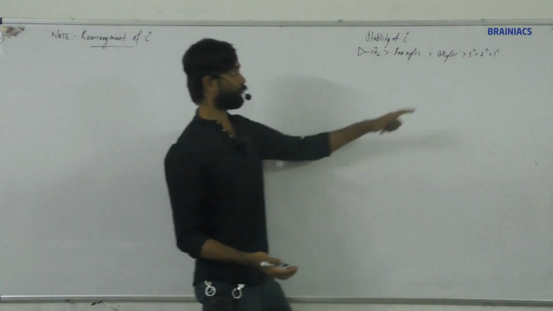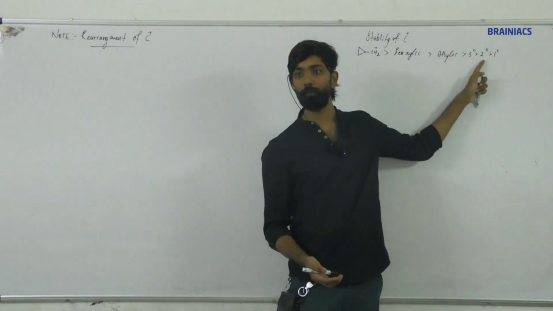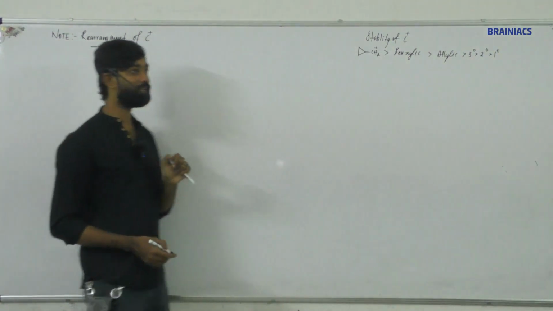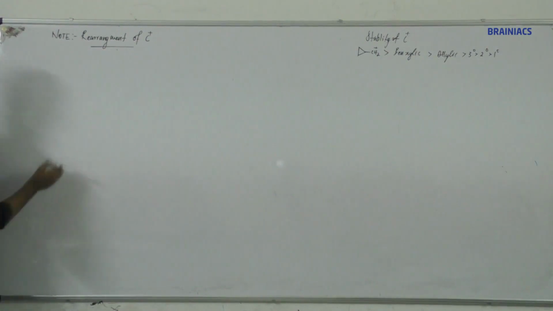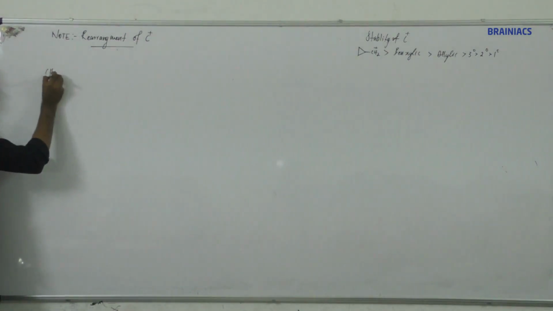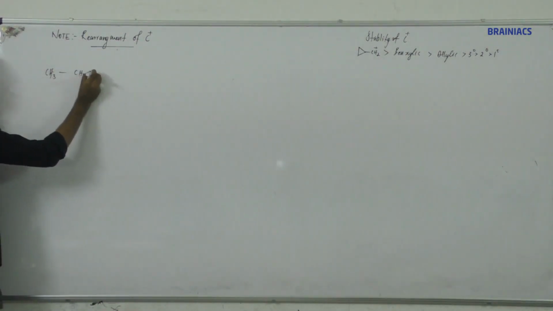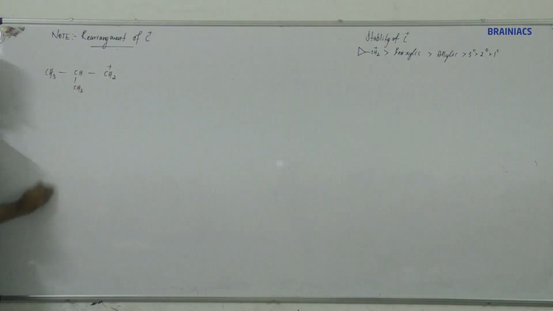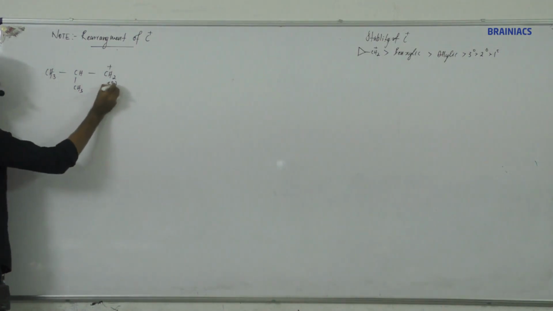A primary carbocation may have a tendency to become secondary if possible. Listen here. You should have a good idea about this one. If I have isobutyl carbocation, presently this carbocation is primary, agreed.